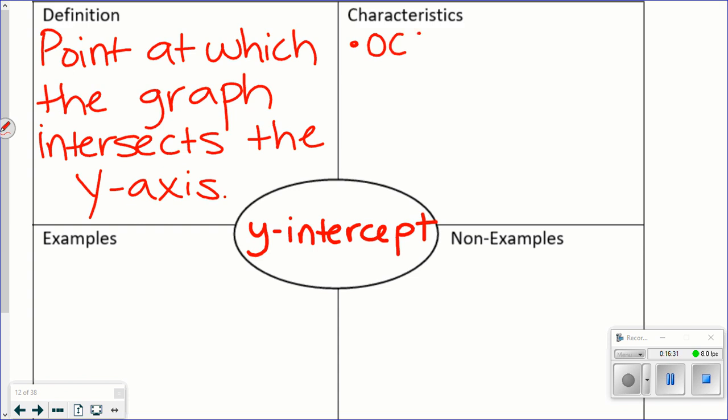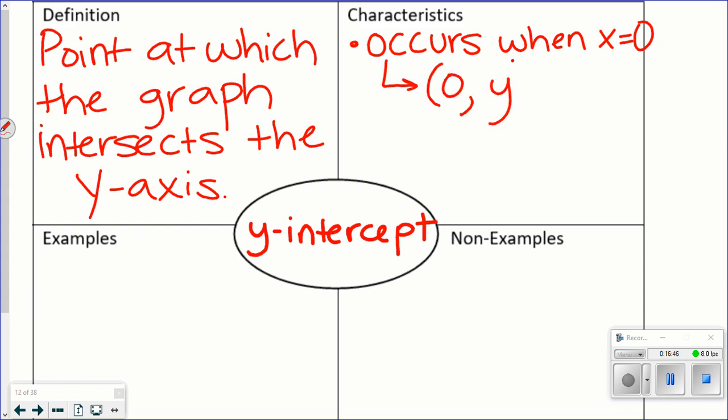This occurs when x equals 0. So how we write it, it's always 0, comma, whatever that y value is.